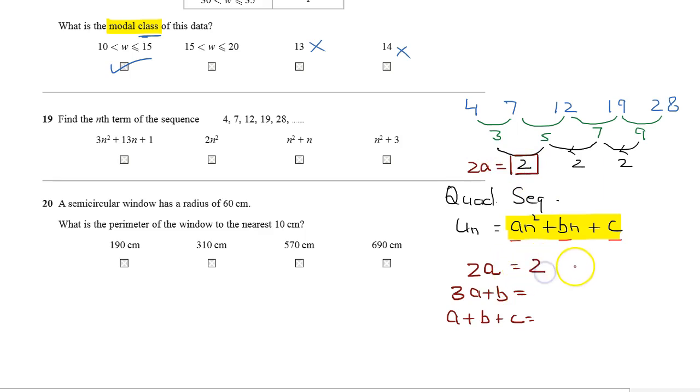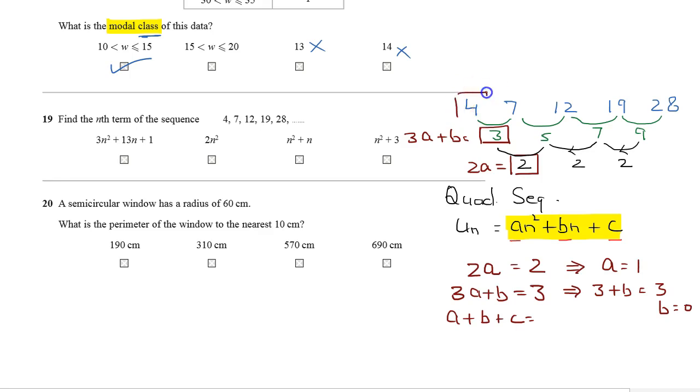So 2a is 2, which means a is equal to 1. 3a plus b is this, so 3a plus b is 3. A is 1, so 3 multiplied by a is 3, plus b, so 3 plus b is 3. So b is equal to 0.